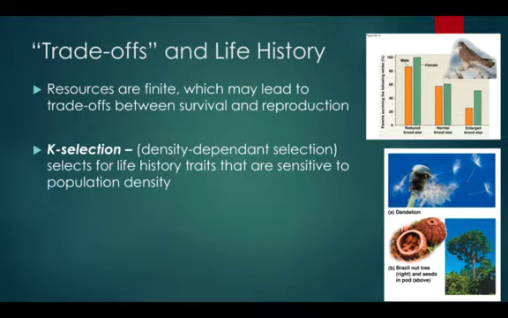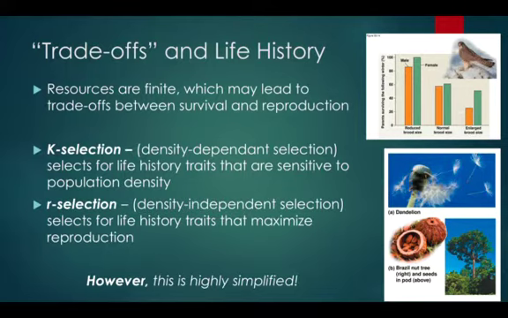K selection, or density-dependent selection, selects for life history traits that are sensitive to population density. What this is really saying is that how dense a population is affects the amount of offspring that the organism has. r selection is density-independent selection. It selects for life history traits that maximize reproduction.